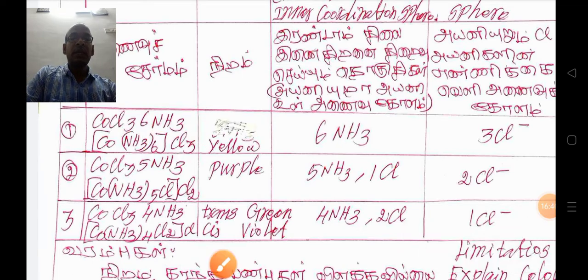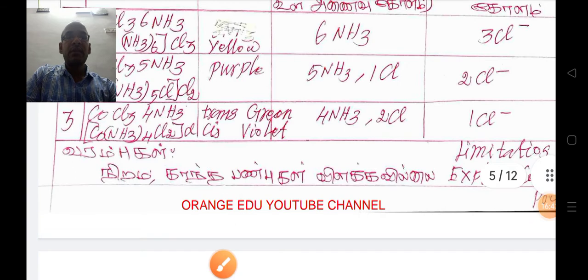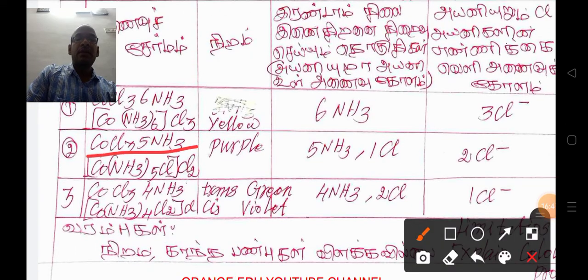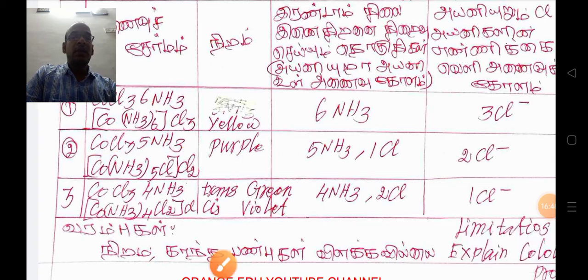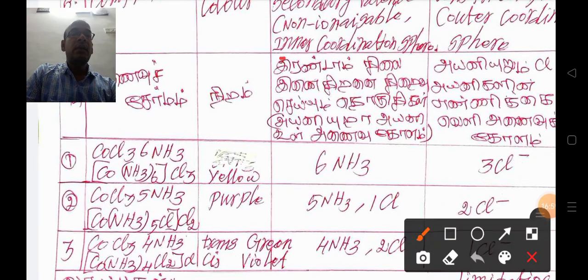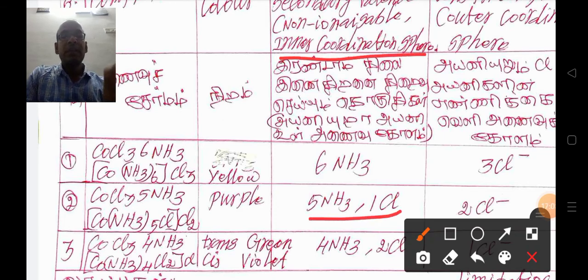Next, the second formula is given. The inner coordination sphere has 5NH3 and 1Cl, directly put in the inner sphere, and 3Cl in the outer sphere.